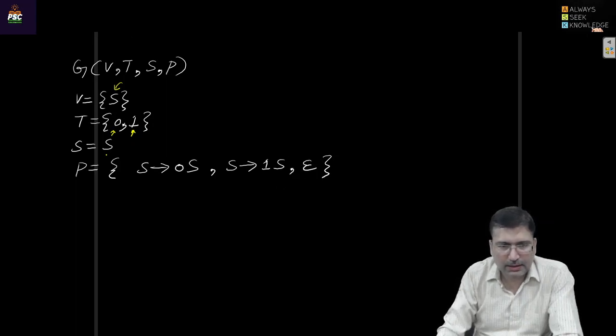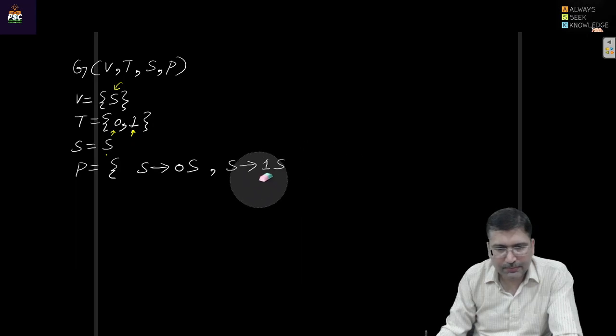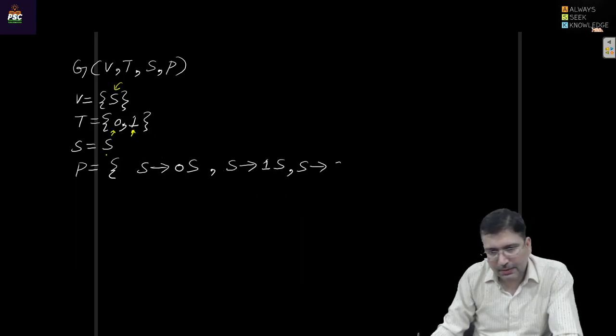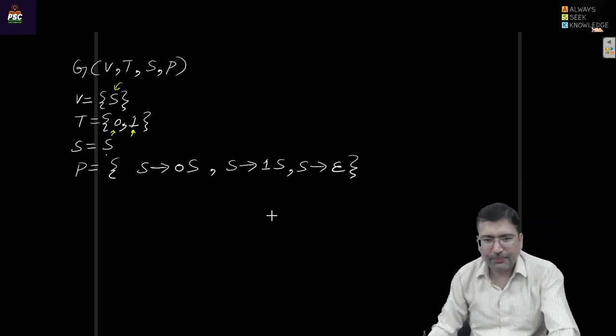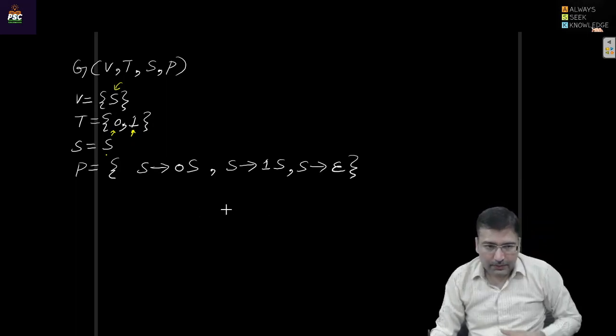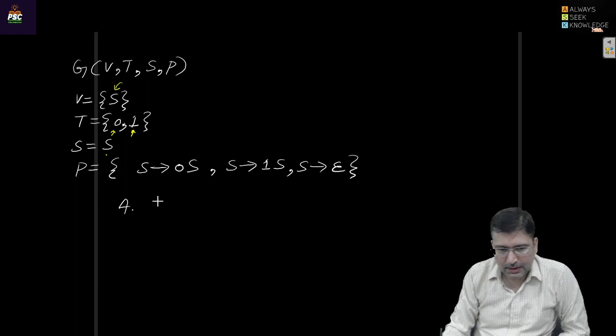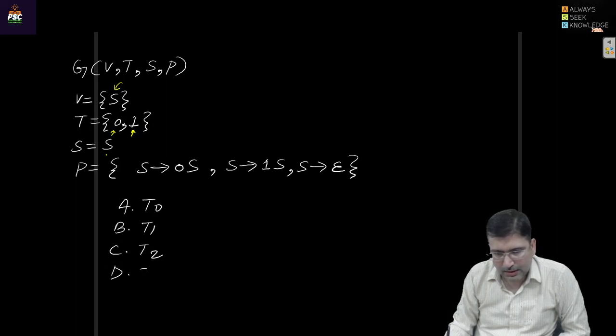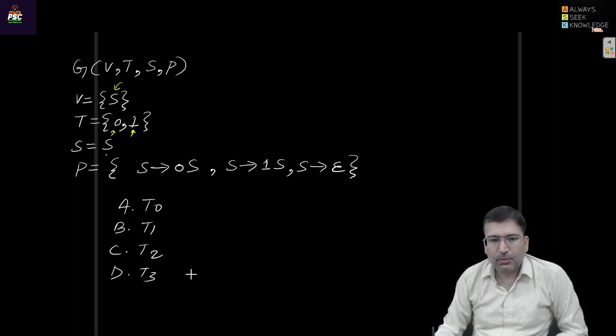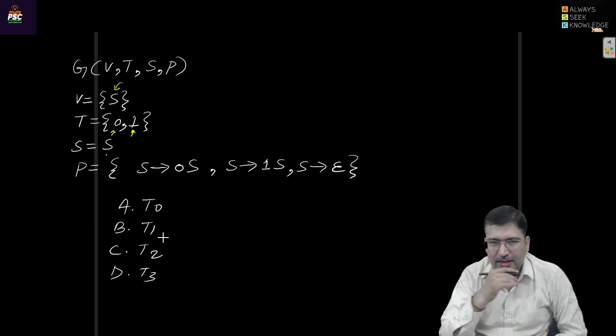Rather than writing it like this, let me update it: we can write S derives epsilon. Now try to identify this. Again the options are the same: A is type 0, B is type 1, C is type 2, and D is type 3. You need to type your answer in the comment section.